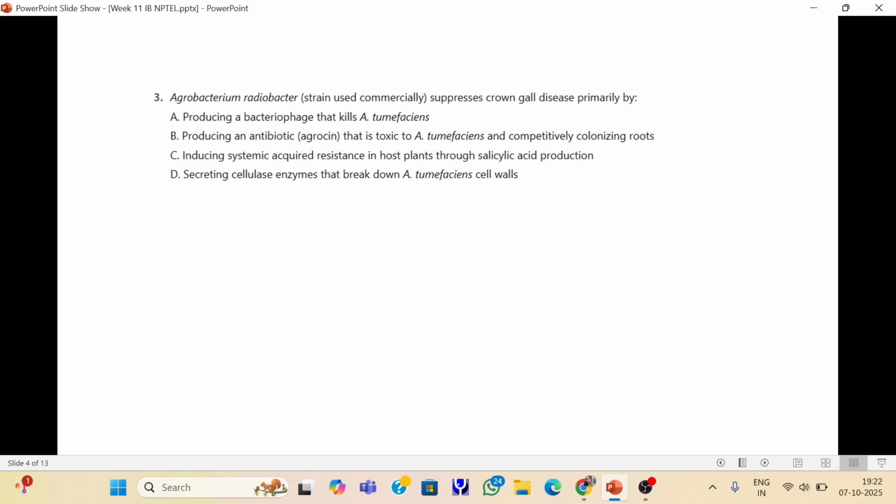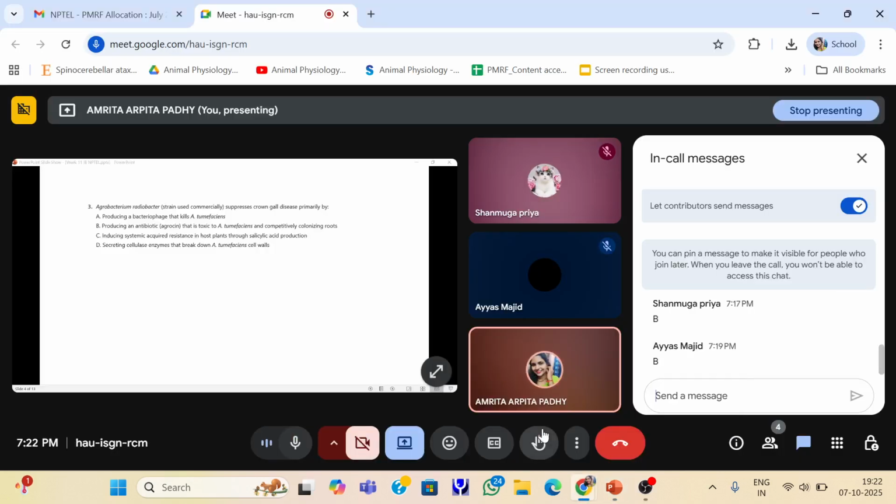C. Inducing systemic acquired resistance in host plants through salicylic acid production. D. Secreting cellulase enzymes that break down A. tumefaciens cell walls. Start answering. Read the question and the options properly and then only answer it. Okay.